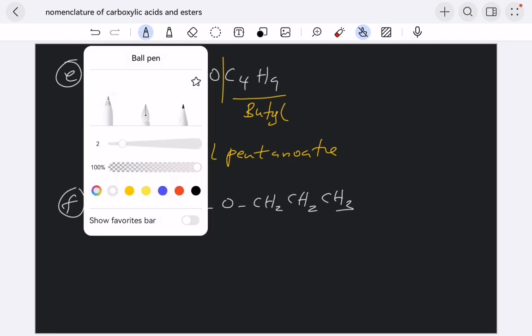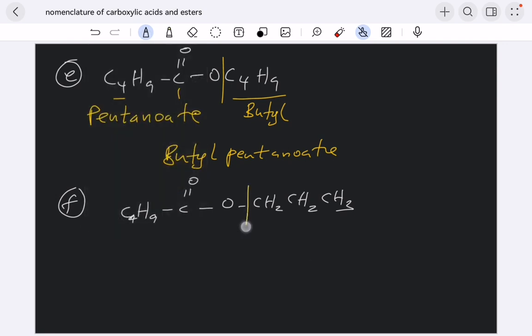When we have something like this, when we split there and count the number of carbons, it means that's a propyl. Then here we have 4, there's 5, so it's pentanoate. So put together, it's going to be propyl pentanoate.